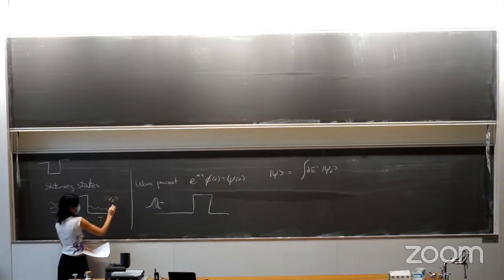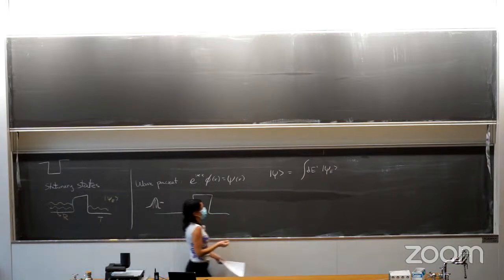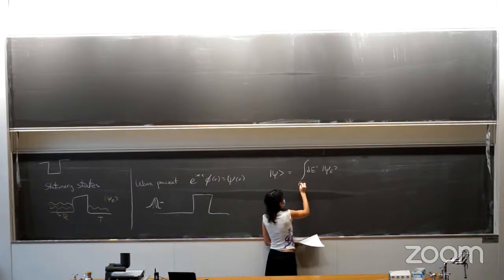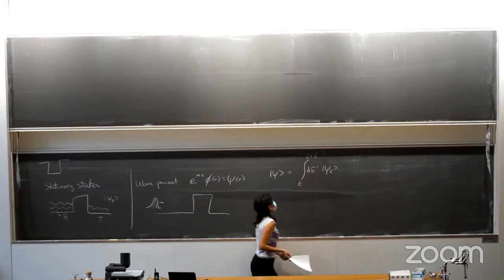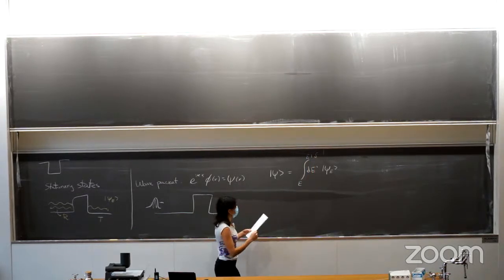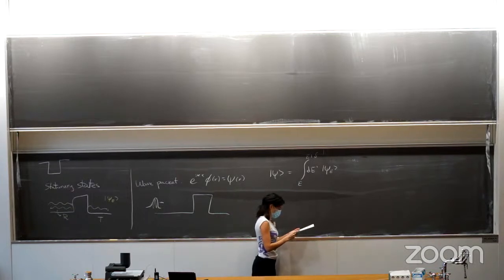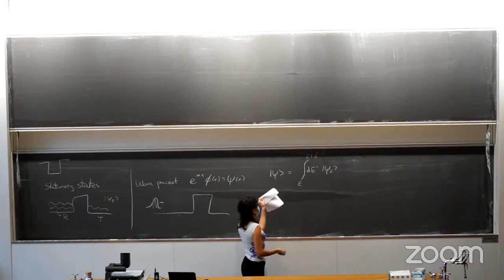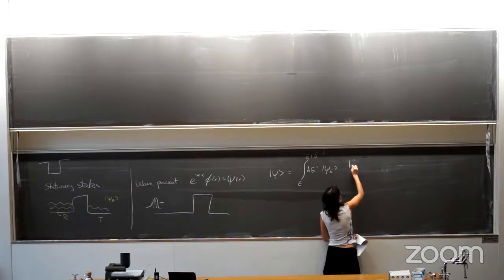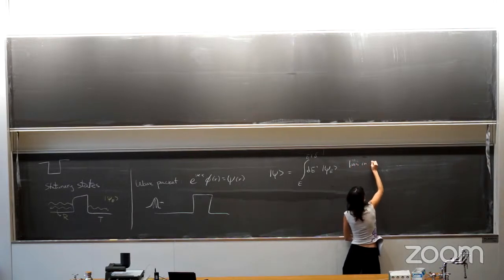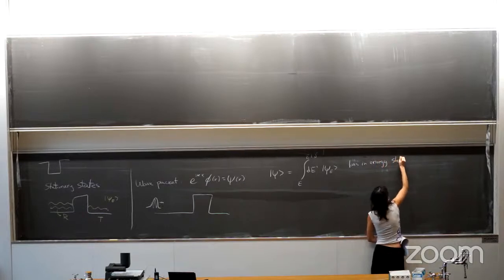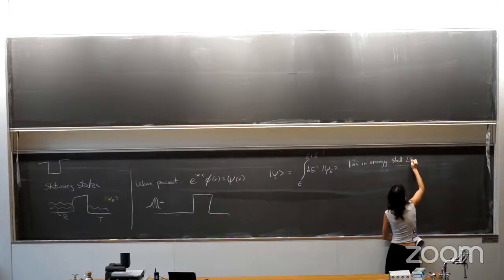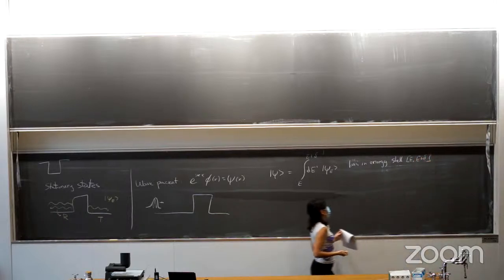But we do it such that it only has support in a very small region, E or E plus delta. So meaning it lives in an energy shell E plus delta. And this one can do, okay?